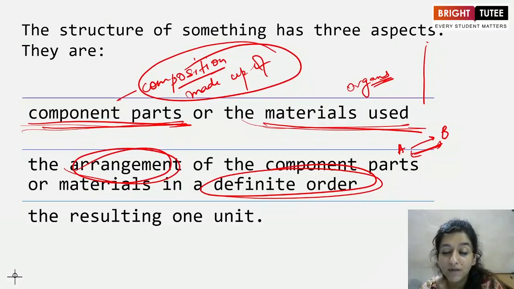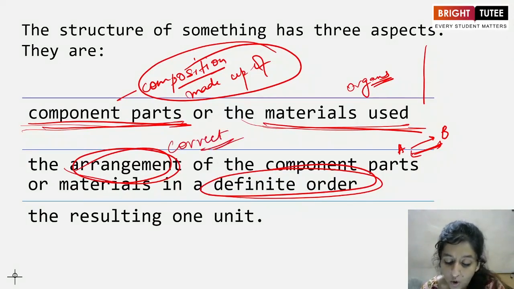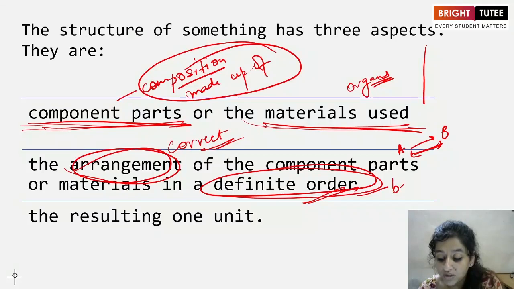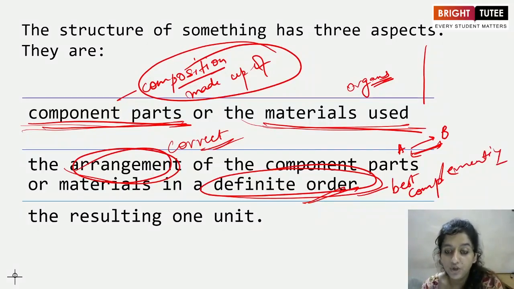The whole process of digestion is to be completed and is required. The basic requirement is the correct, perfect arrangement of the component parts of the structure, or of the unit, in the definite order which has been decided, the best complementing way for the survival or functioning of the unit and the resulting one unit.